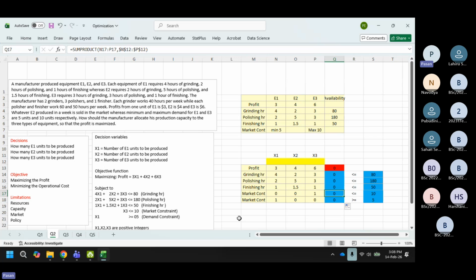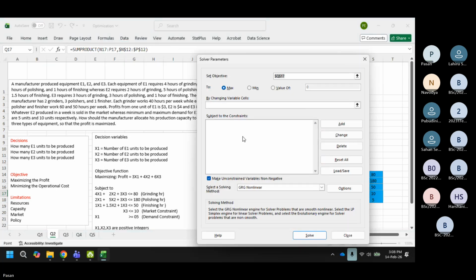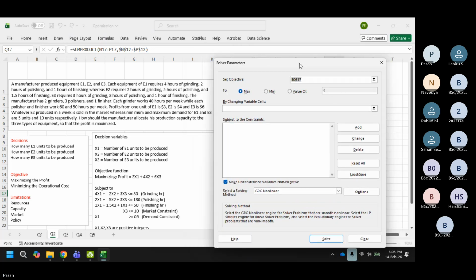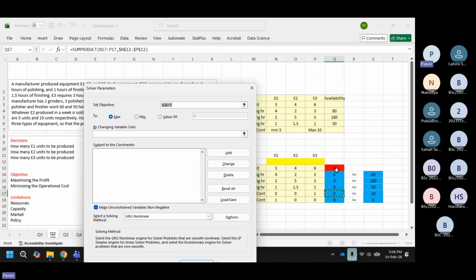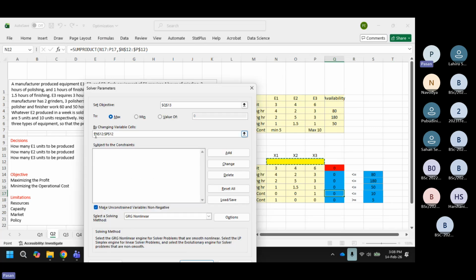So that's basically the setup that we need for the entire problem, right? And then I can define it in the Solver package here. I can define this cell here as my objective cell, and I'm doing the maximization and changing the variable cells, these three.